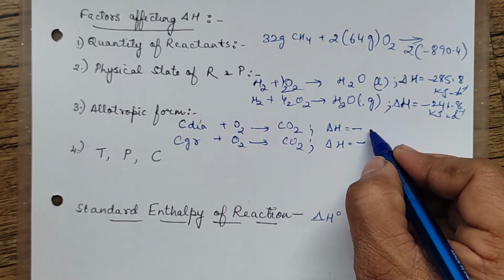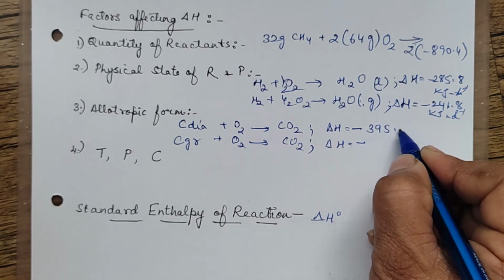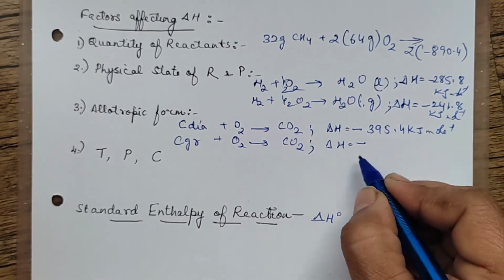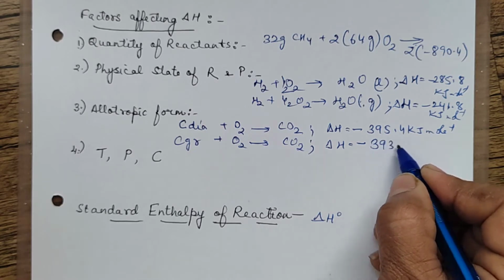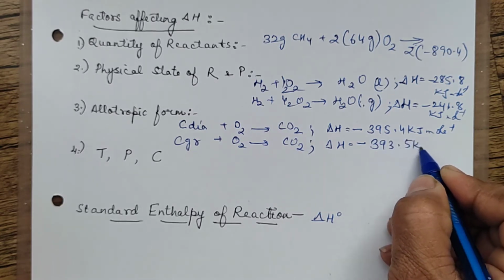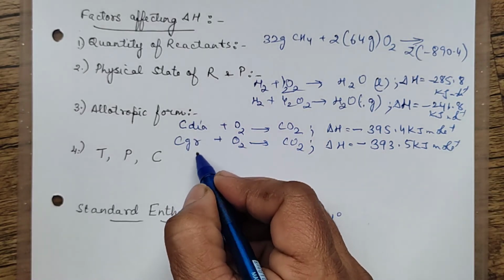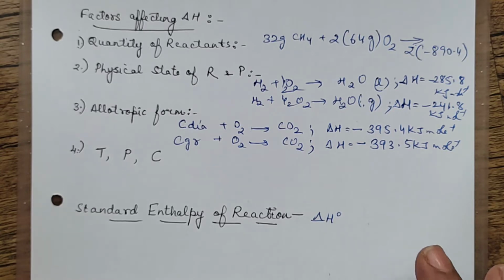So in diamond the value is 395.4 kilojoules per mole, and if we are talking about graphite, the value is 393.5 kilojoules per mole. That means when the allotropic form changes, the enthalpy of the reaction or the heat of the reaction also will change. Allotropic form also modifies it.